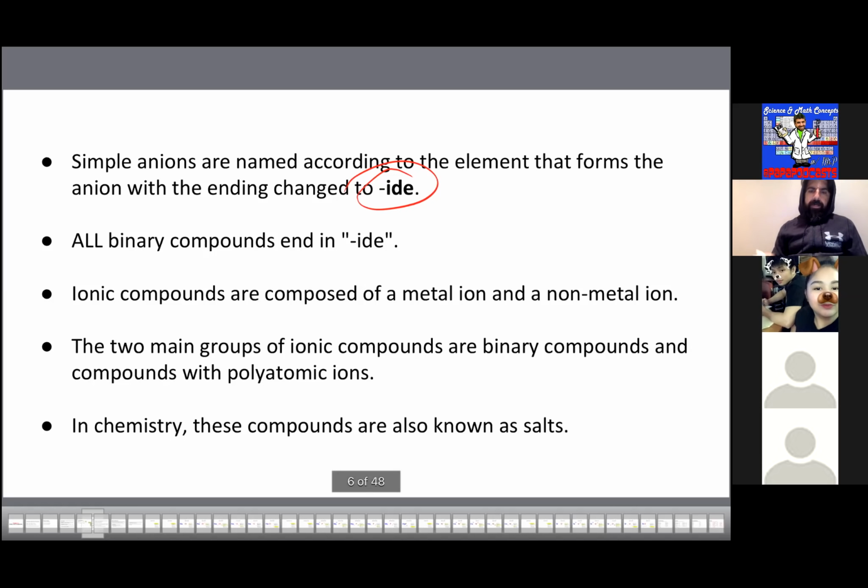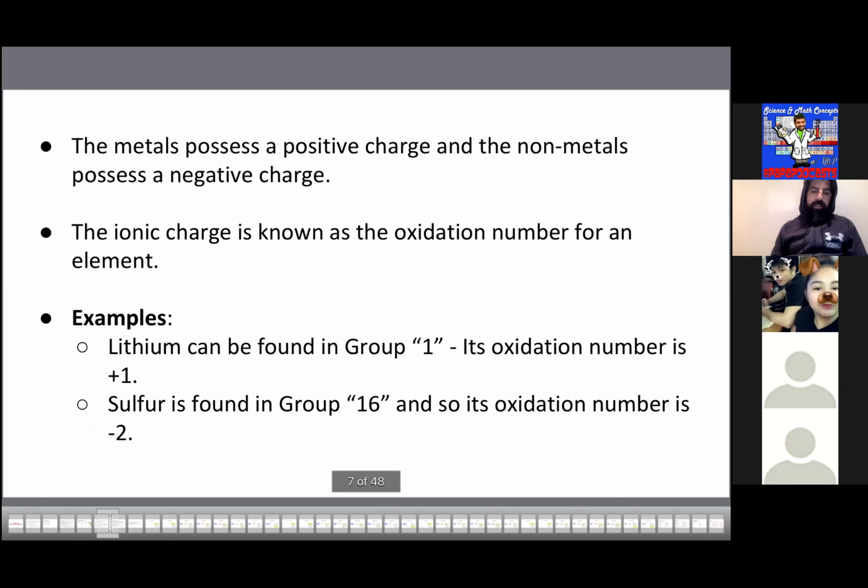So let's clear that. Let's move on. Okay, next slide here. So when we are naming, and this goes back to very first evening's class when we were kind of just doing a review of some of these simple nomenclature.